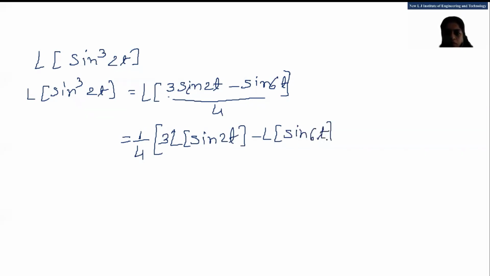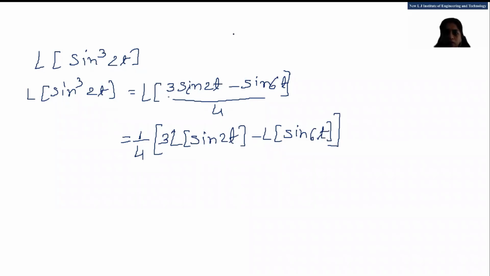So, any doubts, students? Got it, everyone? Okay. Let me tell. Laplace of sine 2t is 2 upon s square plus 4, and this is 6 upon s square plus 36.